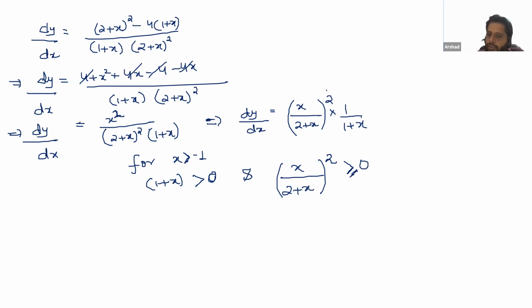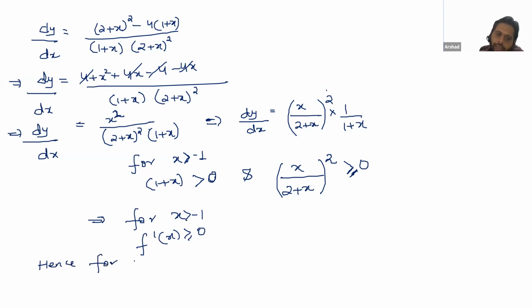We will also write equal to 0, because if you put 0 here, it will become greater than or equal to 0. So this implies for x greater than minus 1, f dash x is greater than or equal to 0. Hence, for x greater than minus 1, f(x) is an increasing function.